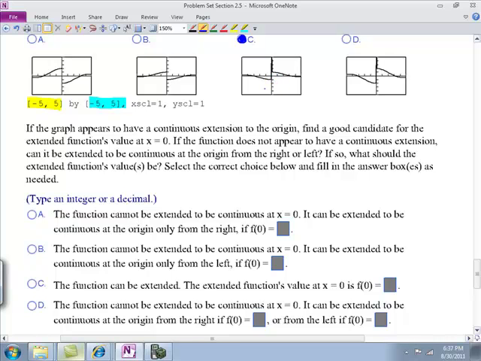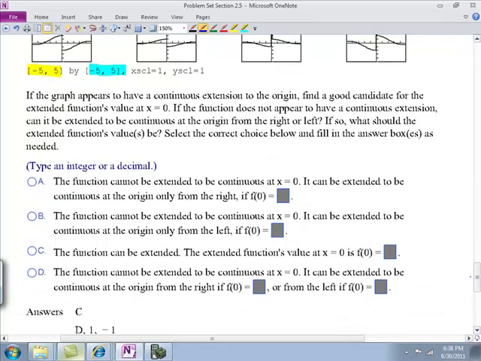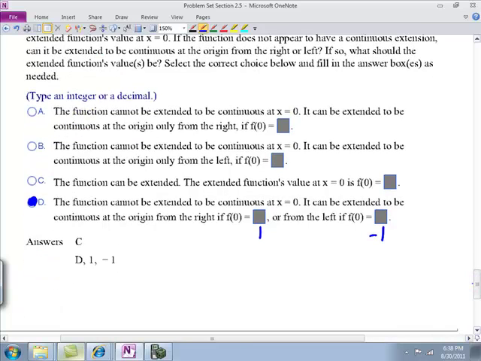So you could make it continuous coming from the right, or you could make it continuous from the left, but altogether it cannot be continued. Does that make sense? It's because of that jump. So on this one you would choose D. C was the graph. D is that, and this would be 1 and that would be negative 1. So you'll have to fill those in.